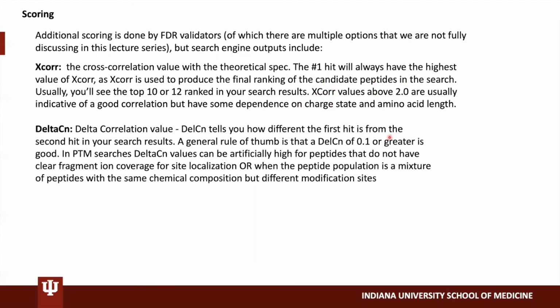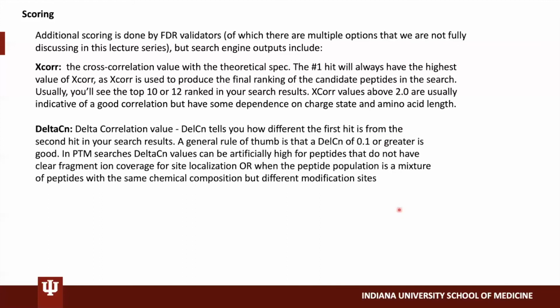In addition, delta CN values are going to tell you how different the first identification is from the second identification in your list. And so overall, the more separated those are, the better. However, in post-translational modification searches, the delta CN values can be artificially high. That's because you may not have clear fragment ion coverage that's going to give you site localization.